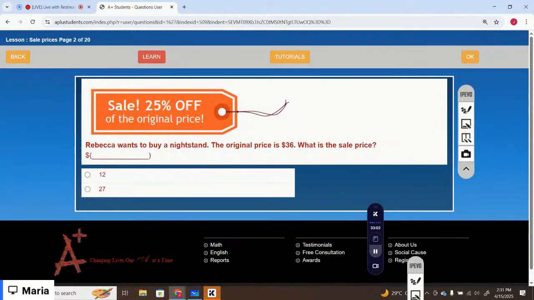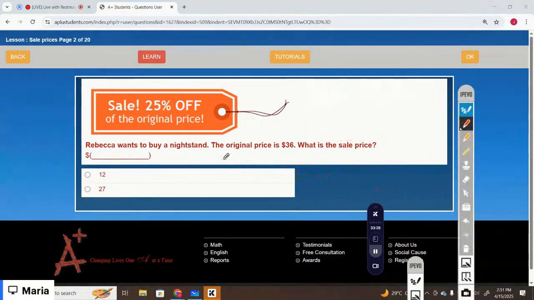Rebecca wants to buy a nightstand. The original price is $36. What is the sale price? So you need to calculate the sale price. Let's just calculate 25% of $36.